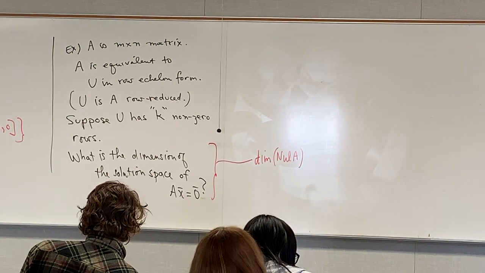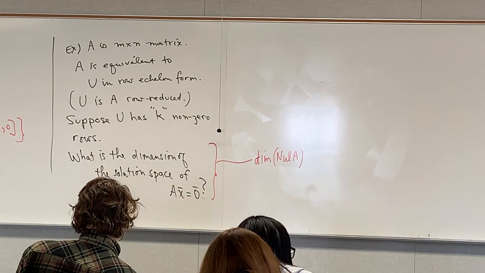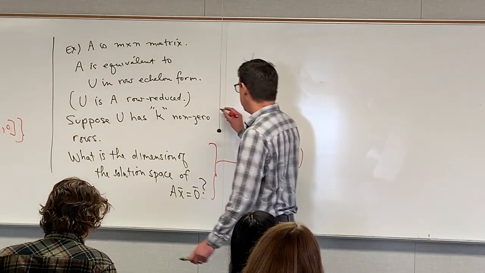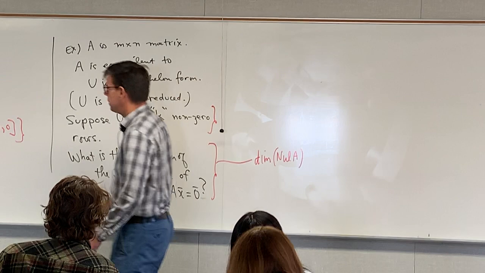What is K? K is the number of non-zero rows.